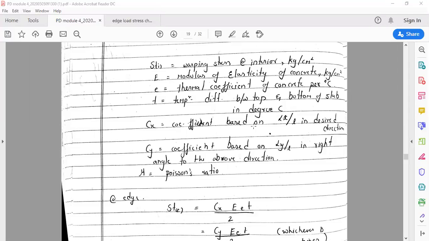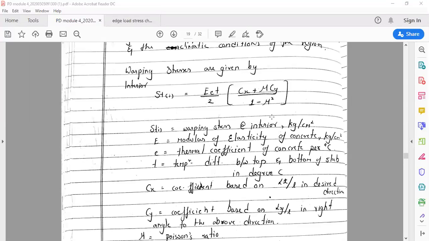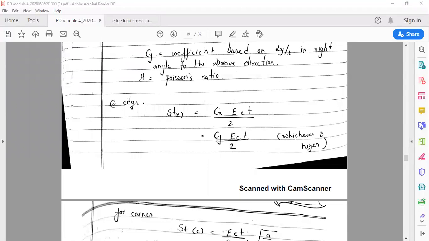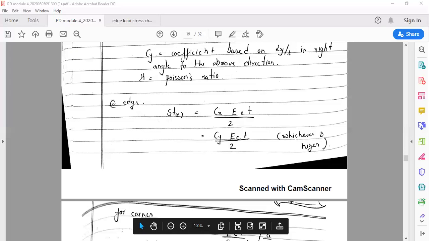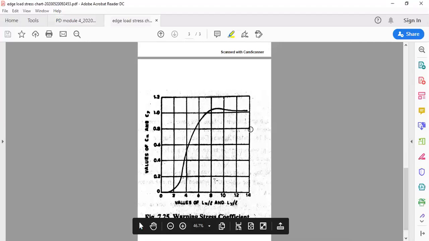And in today's lecture we discussed how to calculate the warping stresses using Westergaard's equations. These are the equations to calculate the warping stresses at interior, corner and edge regions.